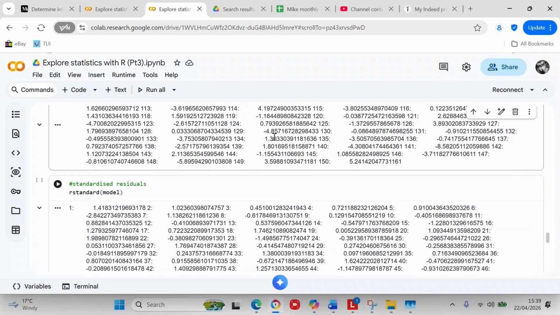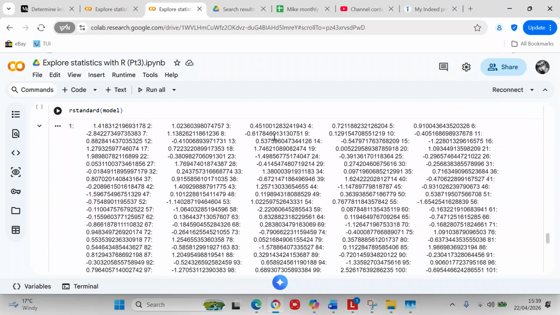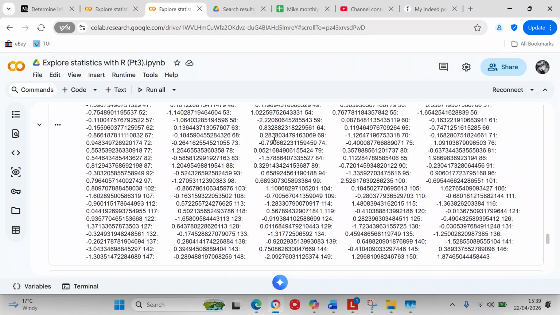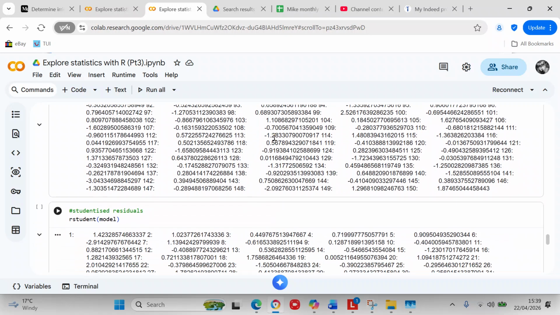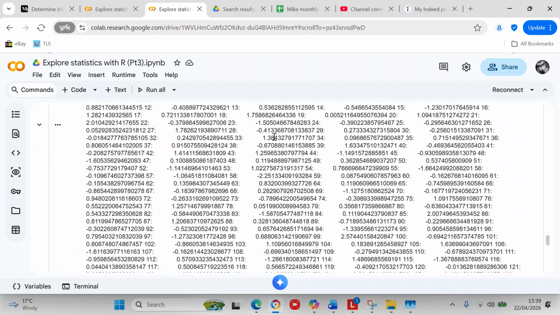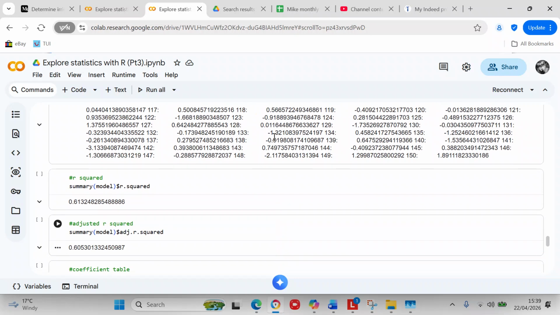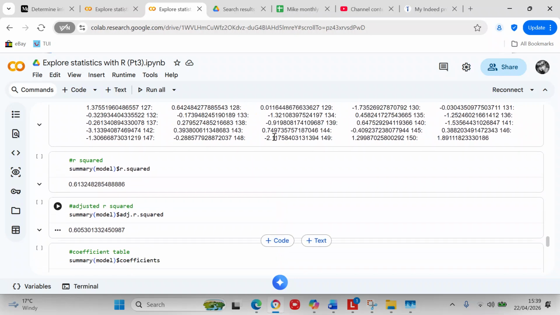You've got your standardized residuals, which is rstandard model, and I think it's 150 of those as well. You've got your studentized residuals, so rstudent model, and you've got 150 values there because you've got 150 samples. You've got your R squared, which is summary model $r.squared, is 0.613.